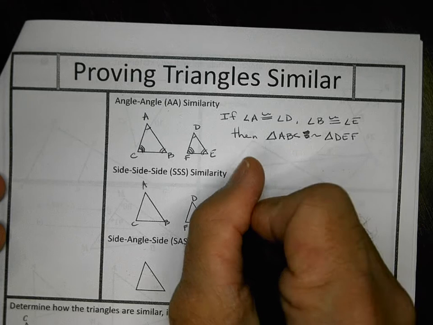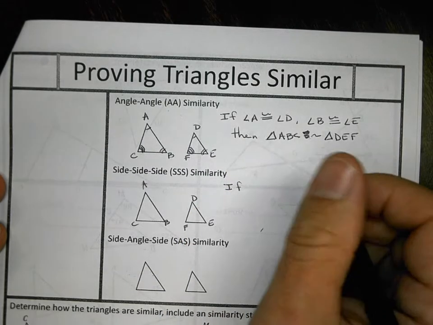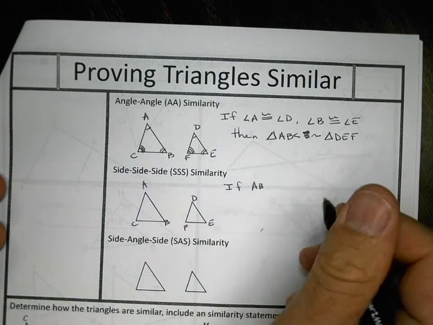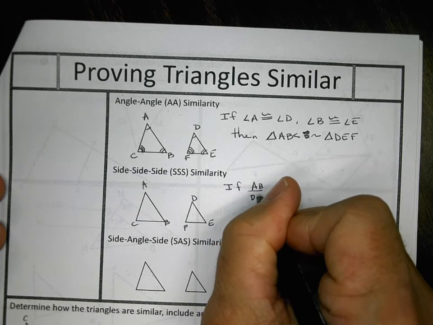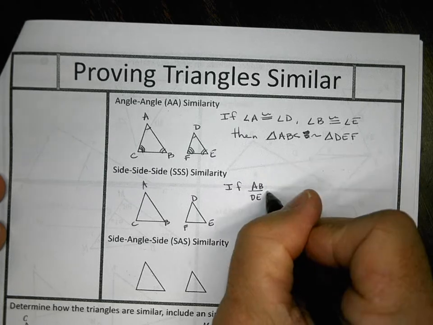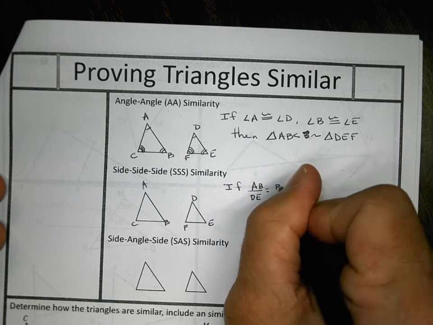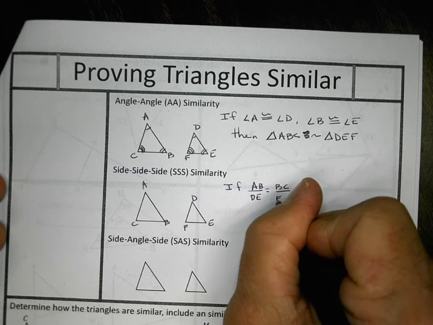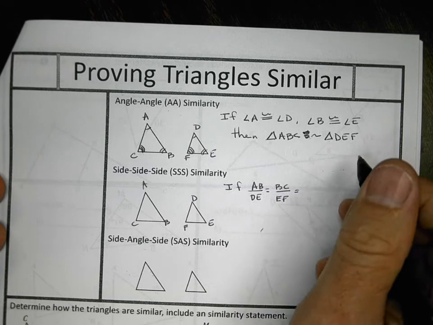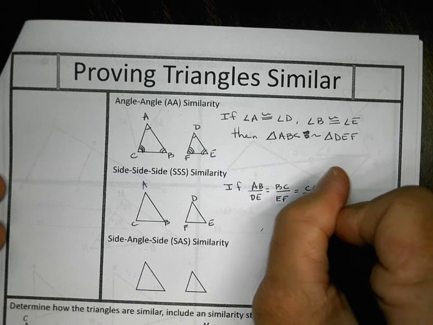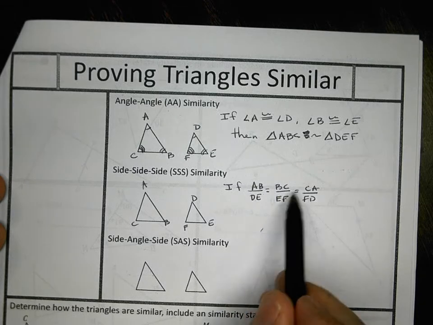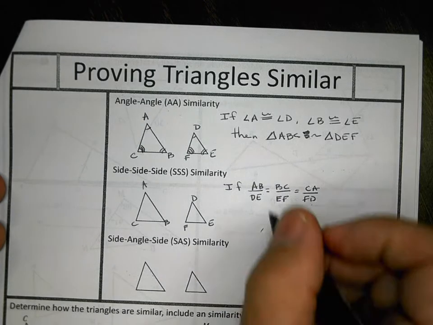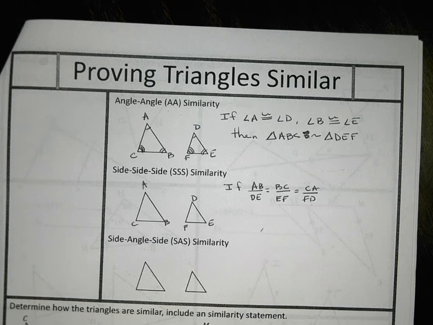So what we're going to say is, if side AB is in a ratio with side DE, if the ratio of those 2 sides equals the ratio of BC over EF, and if side CA is in a ratio with side FD, if all 3 of those ratios are equal, then the 2 triangles are similar.